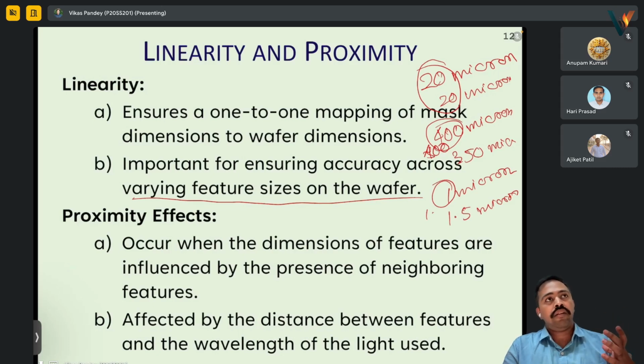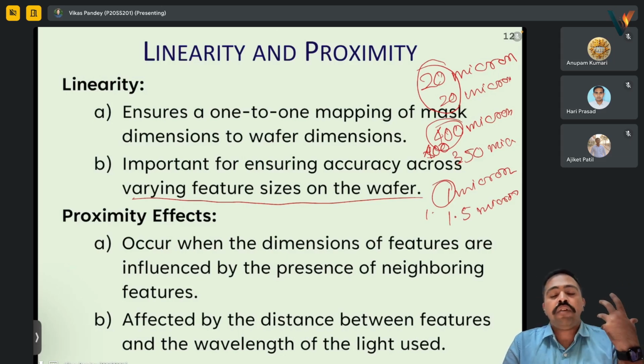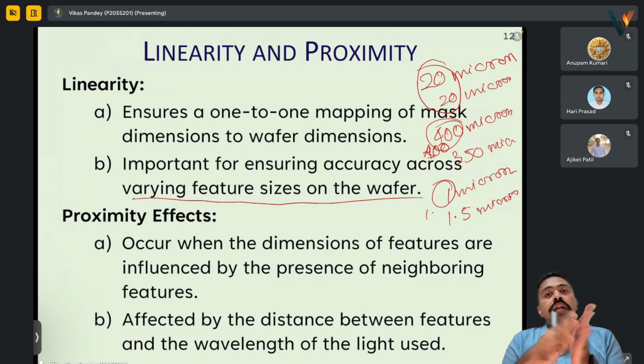Generally, it cannot be linear for infinitely all the dimensions. It will have a range in which it will be linear, and we generally optimize our process and all other things to have maximum linearity. Then there is one other thing. We saw that there will be interference from light sources, due to which sometimes, when we take the features separately, they get linearly mapped.